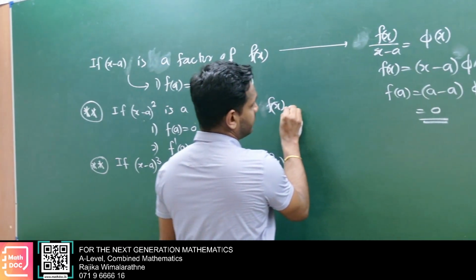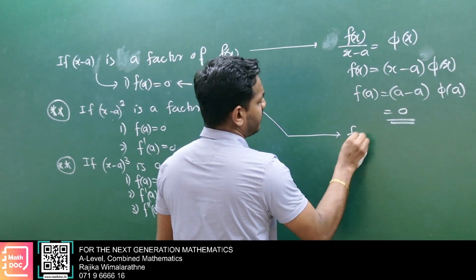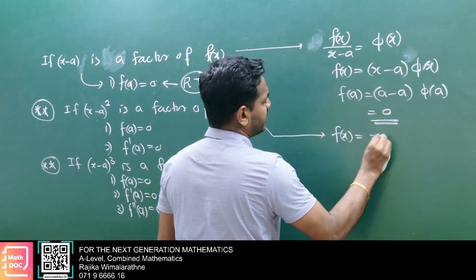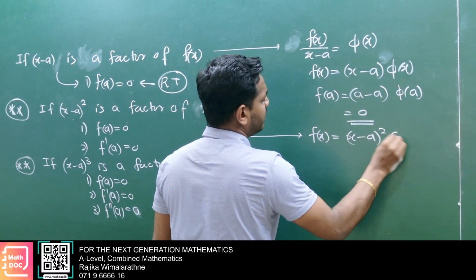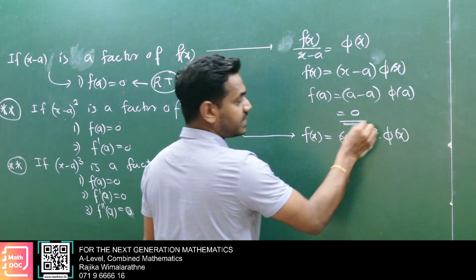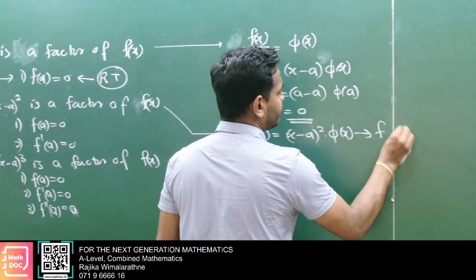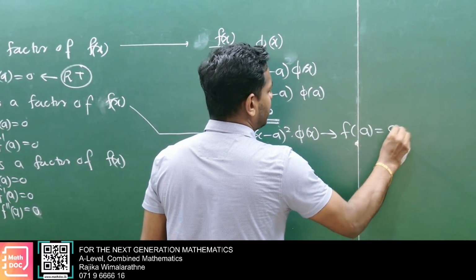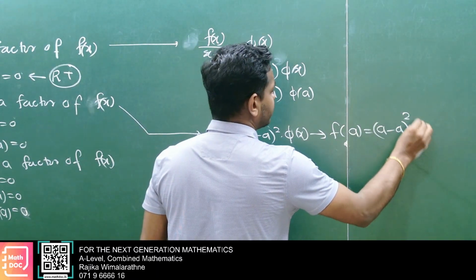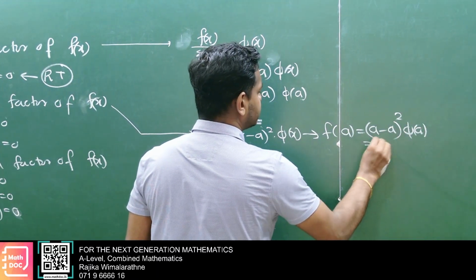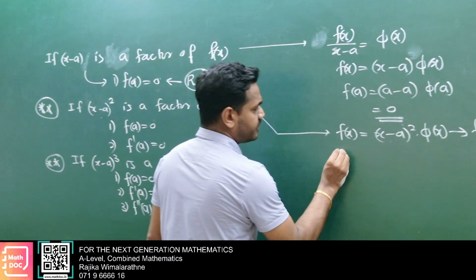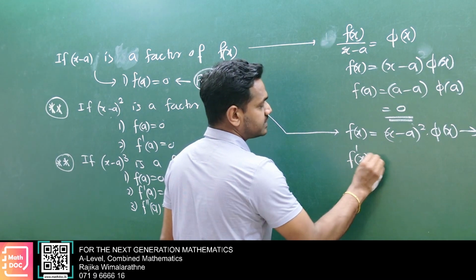Then here second one, f(x) equals (x minus a) squared times phi(x). Now here the factor is (x minus a) squared. Therefore by this you directly say f(a) equals (a minus a) squared phi(a), it is 0. Then differentiate, f dash x.